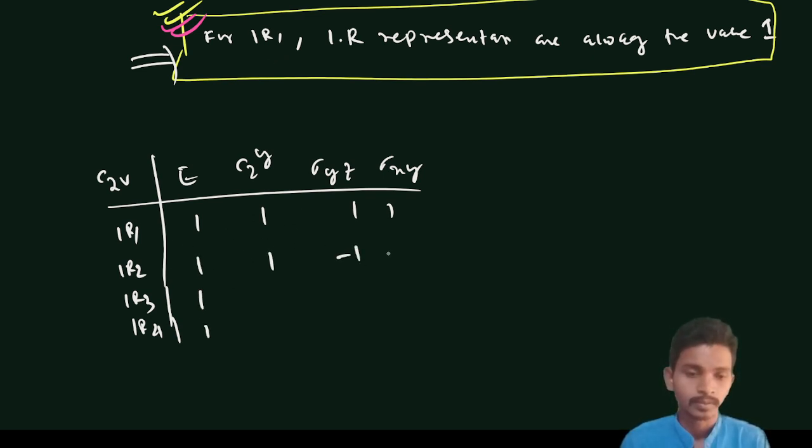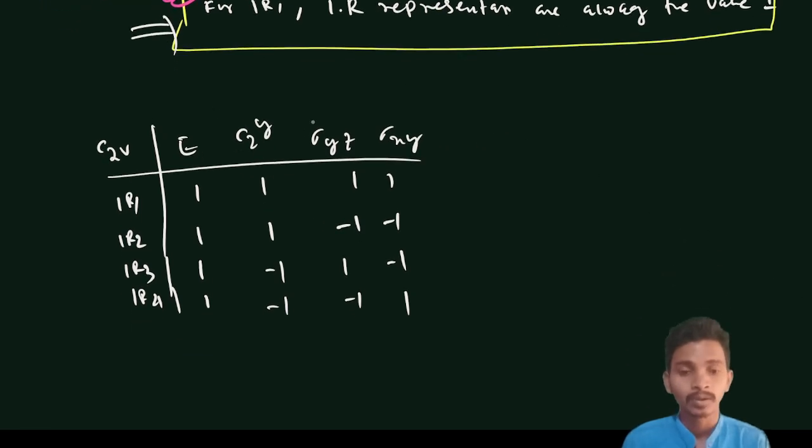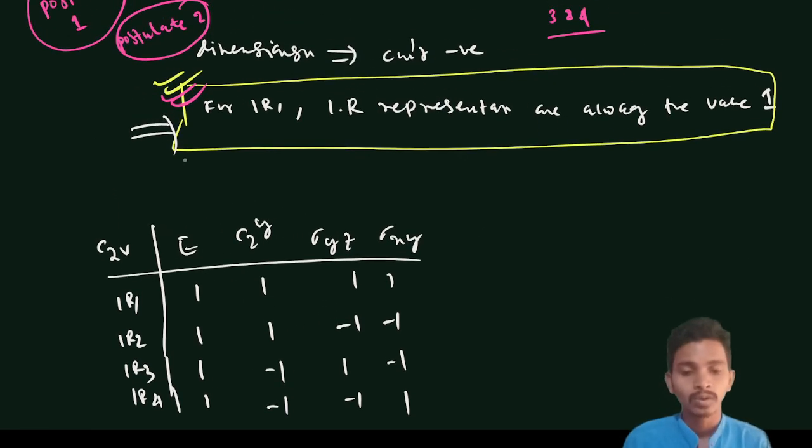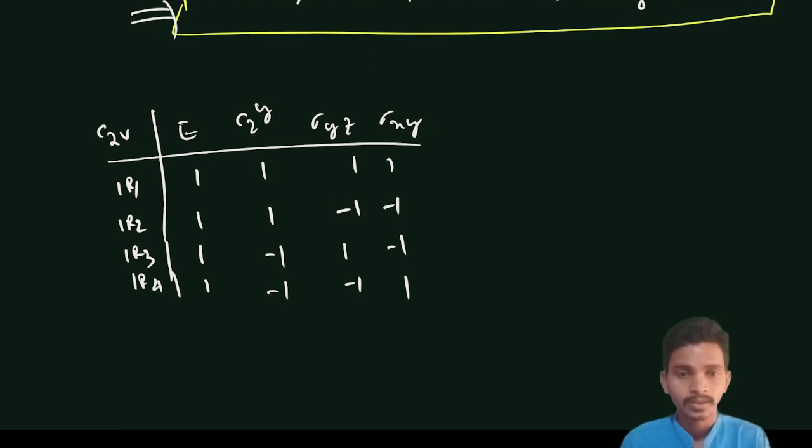This one I am writing after following postulates 3 and 4. Okay, so if I write here 1, then minus 1, here I have minus 1, and minus 1, minus 1. So this one I am getting after following postulates 3 and 4, meaning by following all the postulates I get these things.